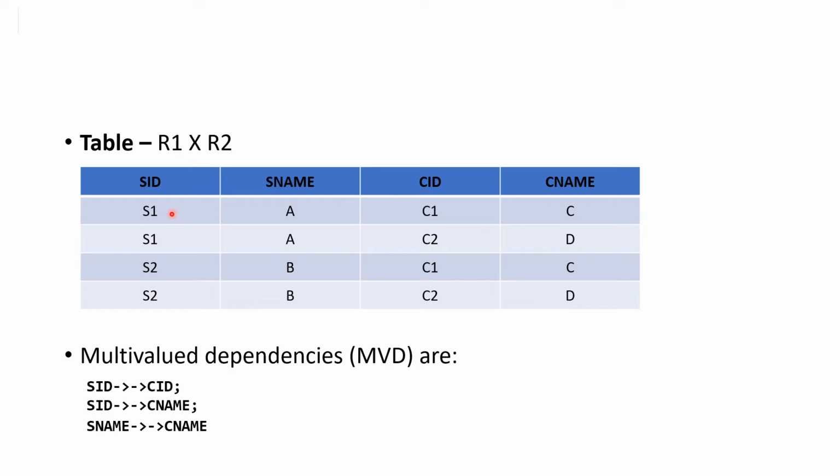So we get SID S1, S1, S2, S2, SName A, A, B, B, then CID C1, C2, C1, C2, and CName C, D, C, D. The multi-valued dependencies are: student ID multi-determines course ID, student ID multi-determines course name, and student name multi-determines course name.